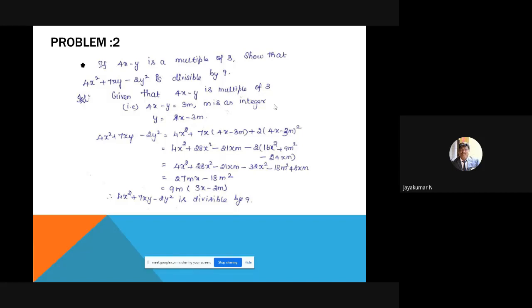We assume P of k is true, so you have to use that hint. Then only we can prove P of k plus 1 is true. In the derivation of P of k plus 1, you have to use the result that P of k is true.